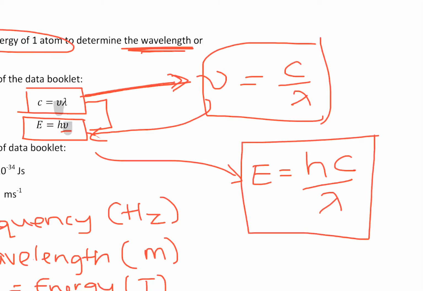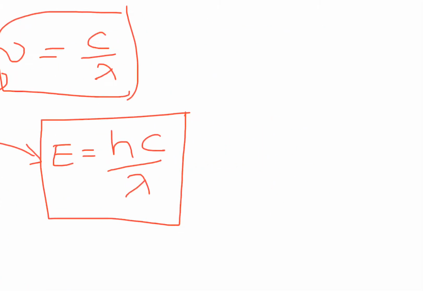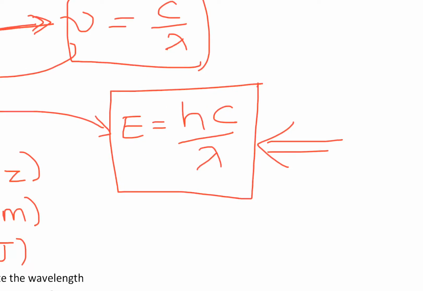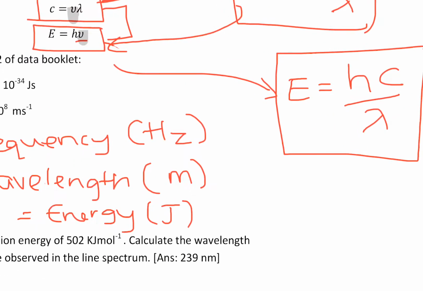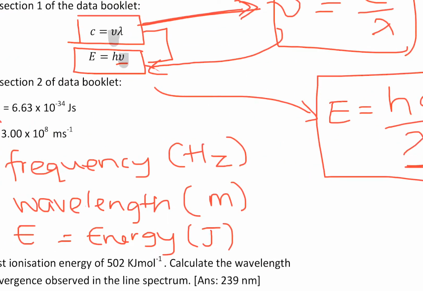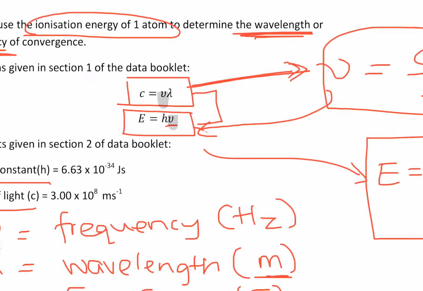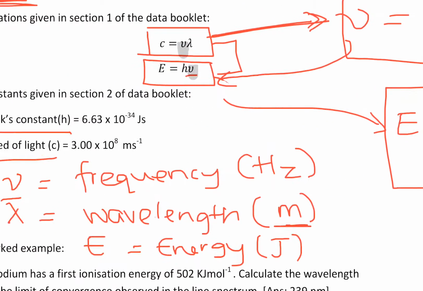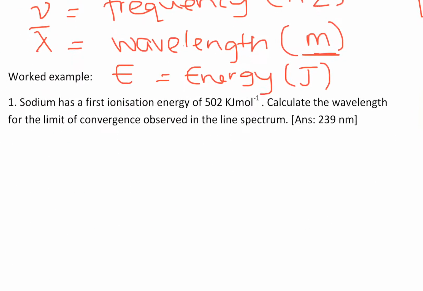This is the merged equation that we'll be using. Make sure you note this down, where E is in joules and wavelength is in meters, h is Planck's constant from the data booklet, and c is the speed of light from the data booklet.